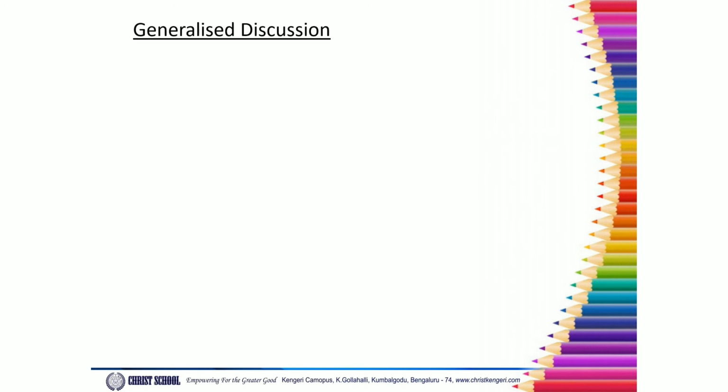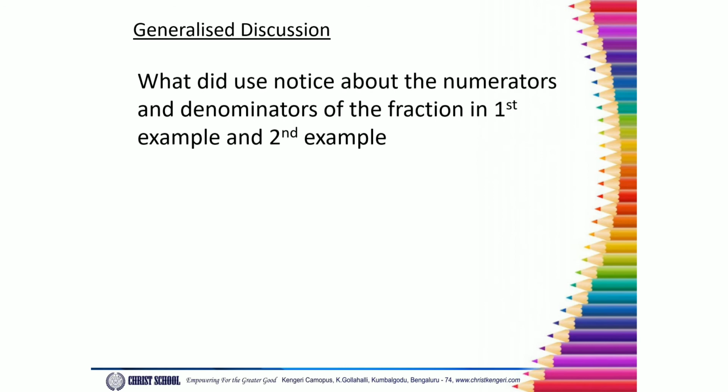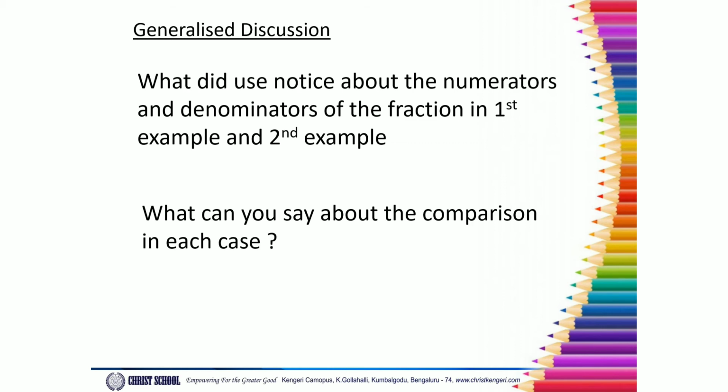Let us have a generalized discussion. What did you notice about the numerators and denominators of the fractions in the first example and second example? What can you say about the comparison in each case? Now let me explain.